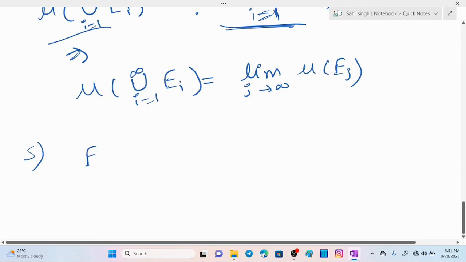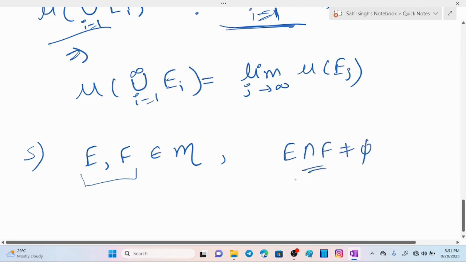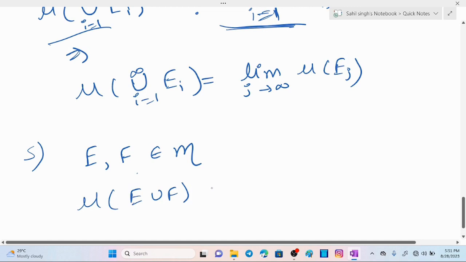I mean that if I take any two sets E and F belonging to M, and take them as random sets, meaning E intersection F cannot be empty, meaning these E and F cannot be disjoint sets. So now let's define some measure for these two sets. What will be mu of E union F in this case?